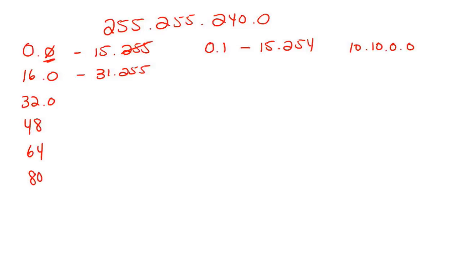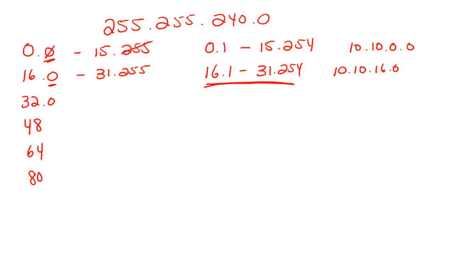Same with the 16 grouping. I have to start at 16.1 and go to 31.254, because 10.10.16.0 is my network ID and 10.10.31.255 is my broadcast. So these are the only usable addresses that I can give my users.